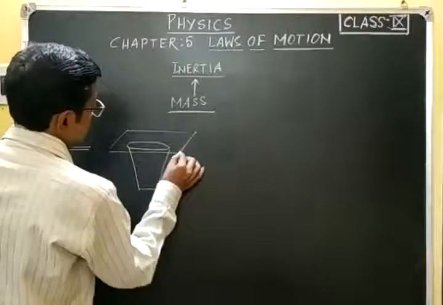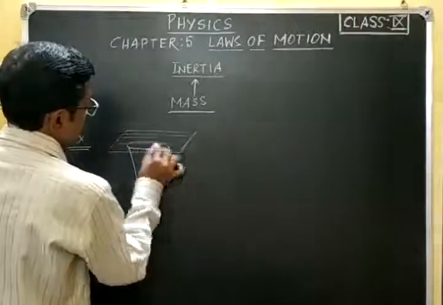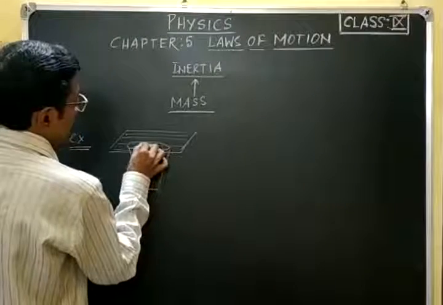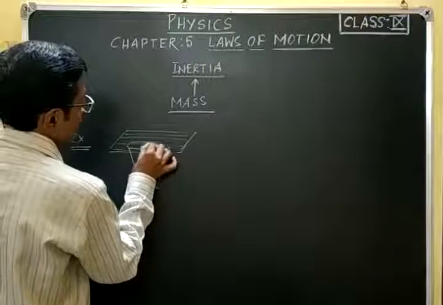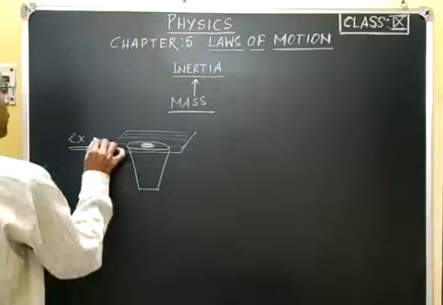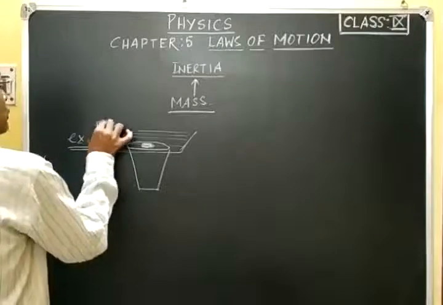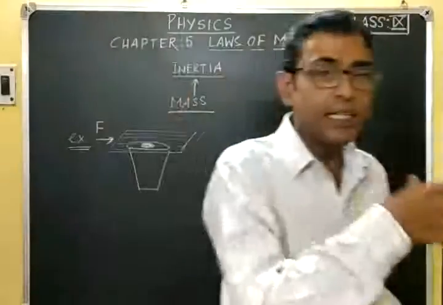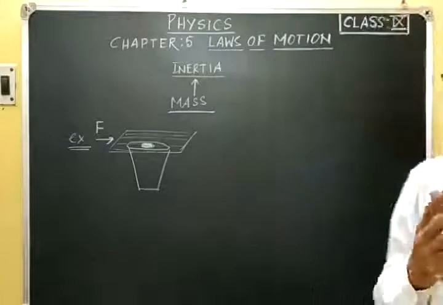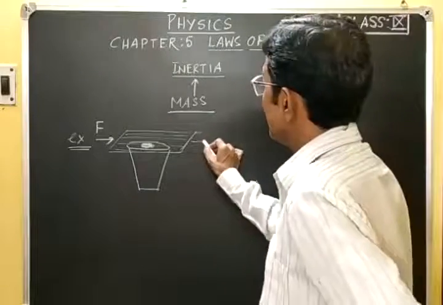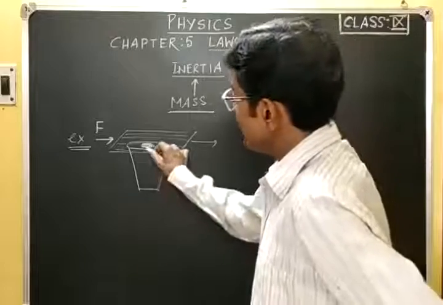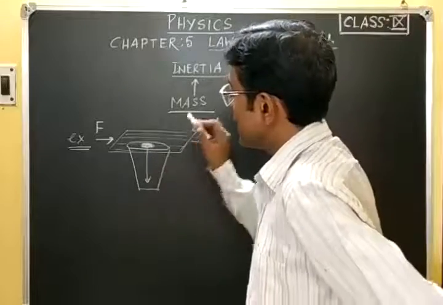See here, a cardboard is placed on a glass and I have put a coin on that cardboard. If you apply a force very quickly, you can see this card will fly away and this coin will drop into the glass.